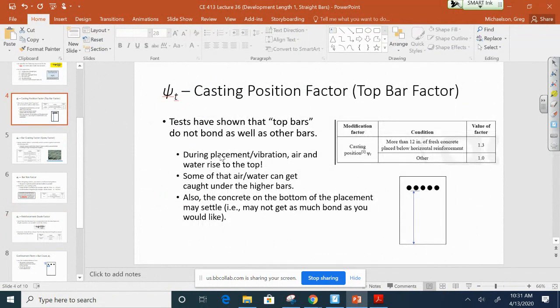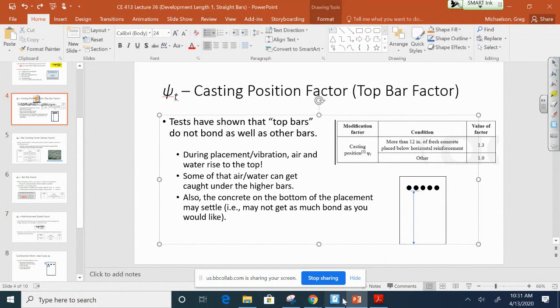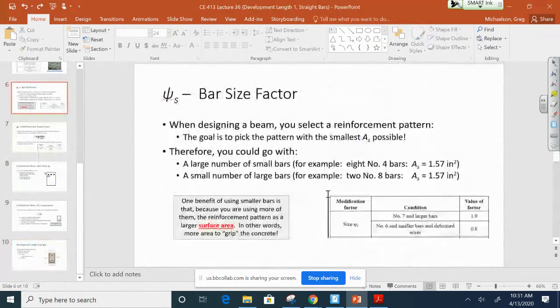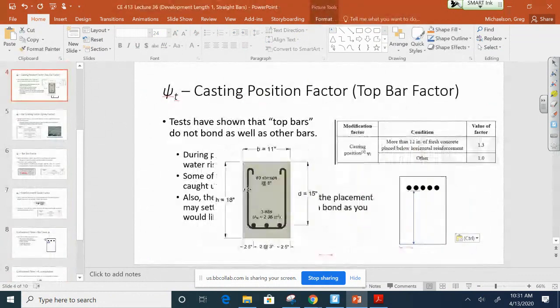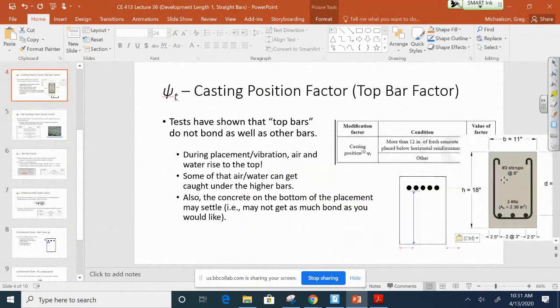All right, so let's start off with psi T. We're dealing with the casting position factor. So here's our beam. I think that might be a little ugly, but it's close enough.